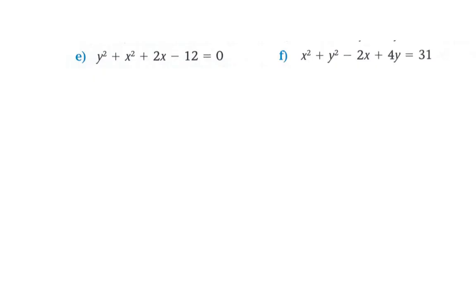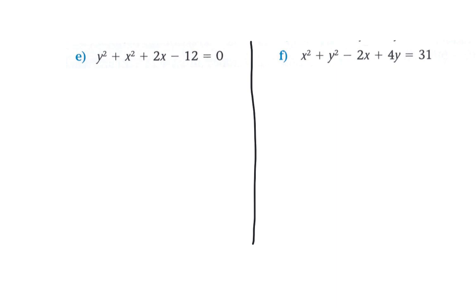So let's look at questions number E and F from the same exercise. You have to determine, not the equation of a circle, but the value of a radius of a circle and the coordinates of a center. How do we do it?